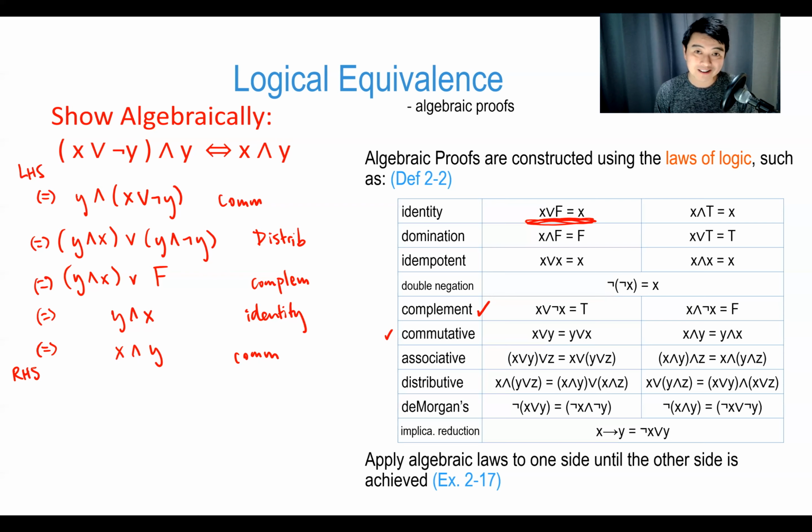It really just takes practice. Just like any other mathematics course, it takes practice to train your eyes to see, oh, in this situation, I should apply this law and then this will simplify. So you should start training yourself to think along those lines. And we're going to do some of that in class as well.